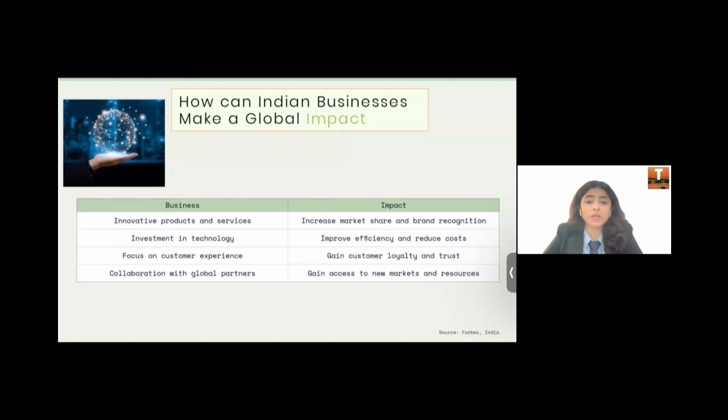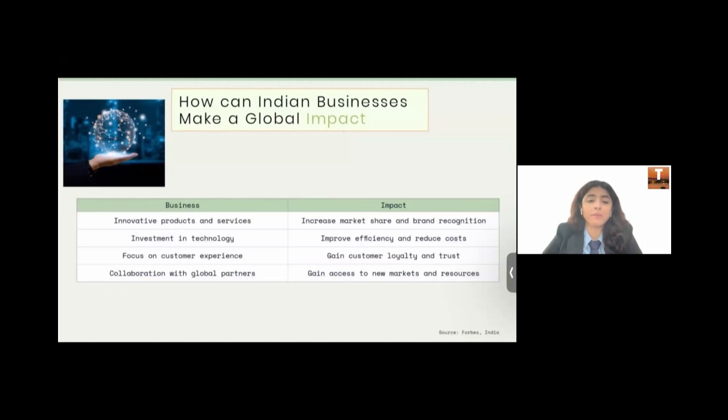You have to foster a culture of innovation within the organization, and allocate resources to research and development activities, because research is very important and it will enable the creation of unique and technologically advanced products and services that can compete globally.